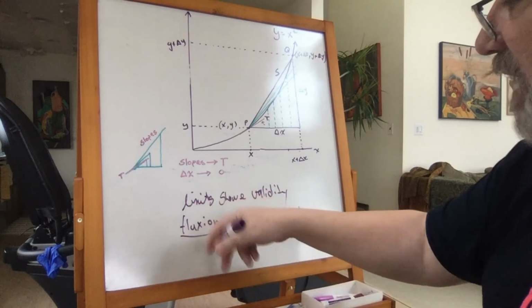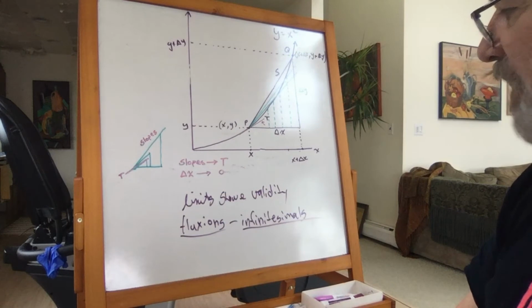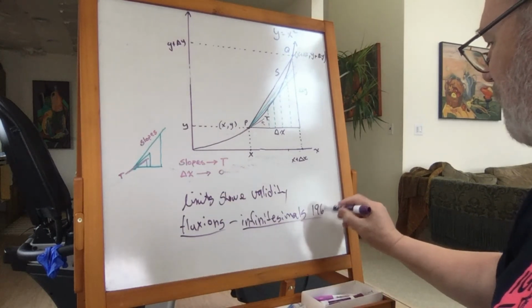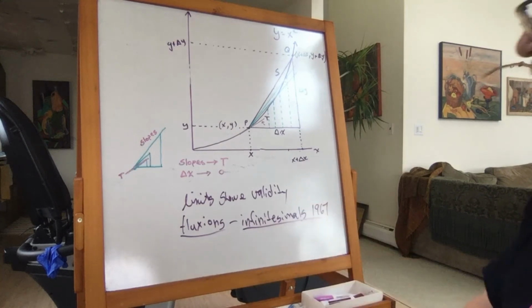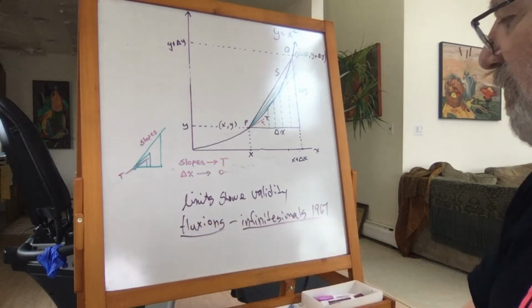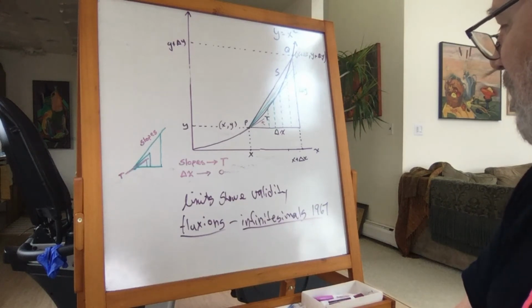They turned out to be equivalent, but they didn't know that until 1967 when somebody proved that Newton's ideas were valid.